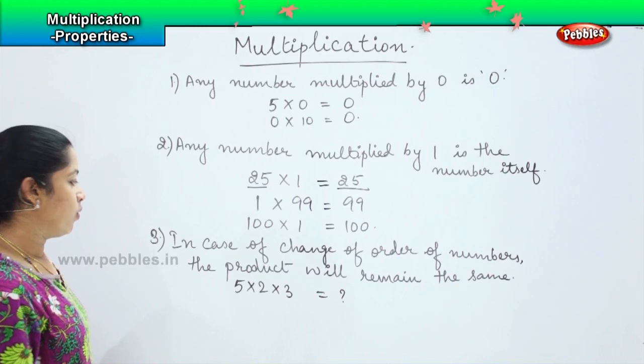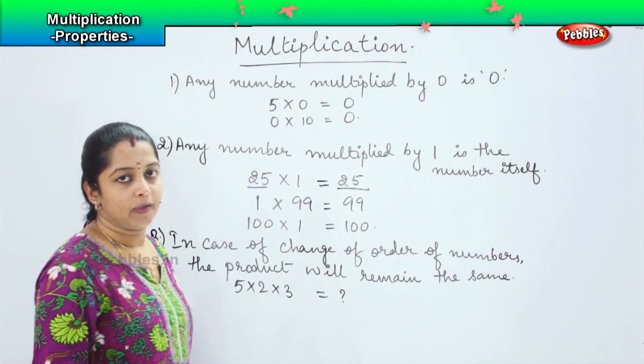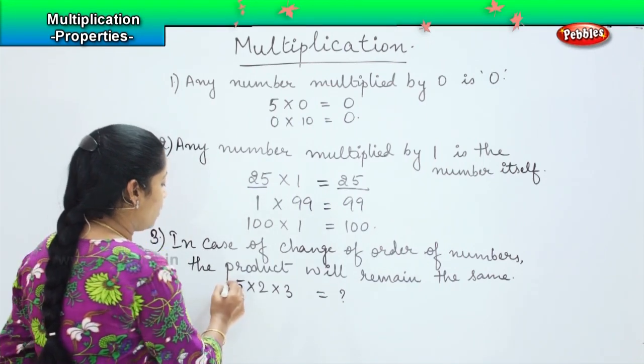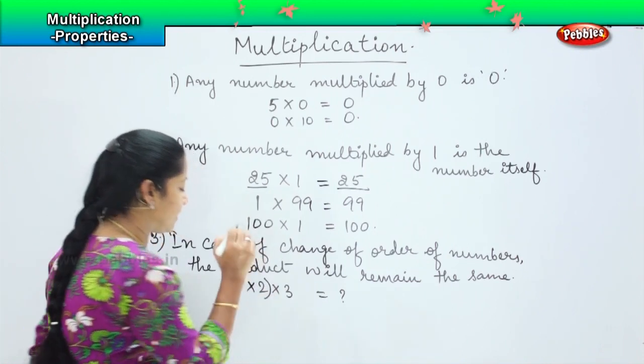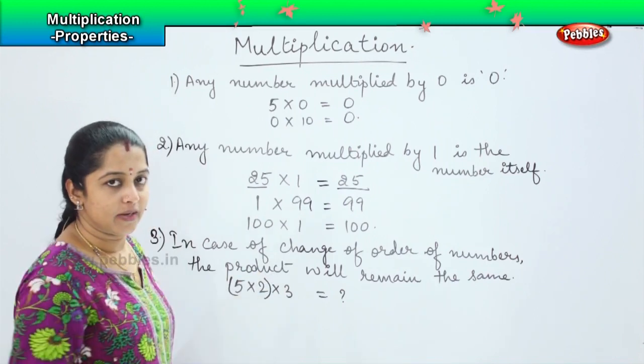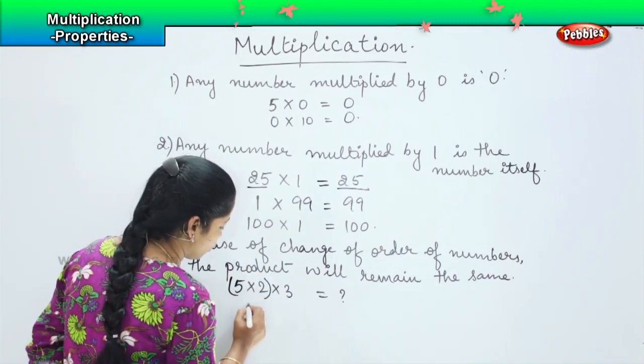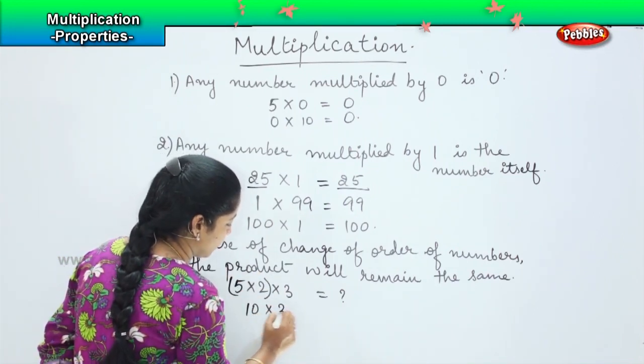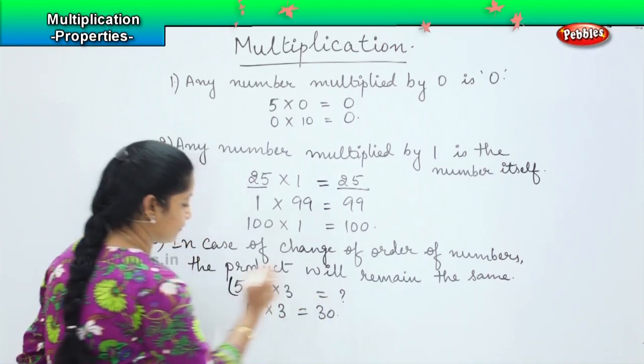So, now I can group them. What do you mean by grouping? Wherein we make our multiplication concept easier. So, now if I say 5 into 2 into 3, 5 into 2 is 10 and 10 into 3 is 30. Fine.